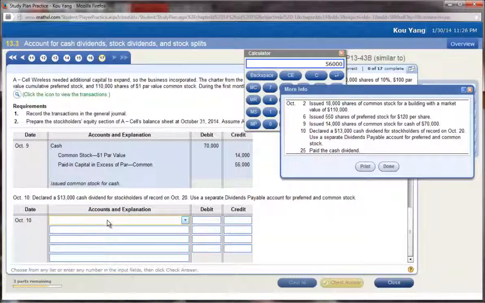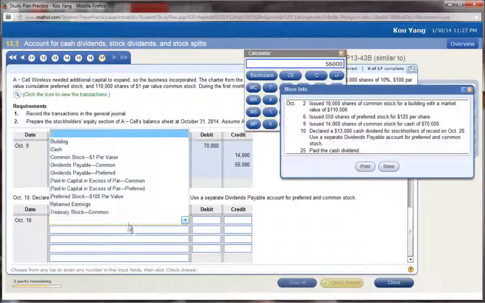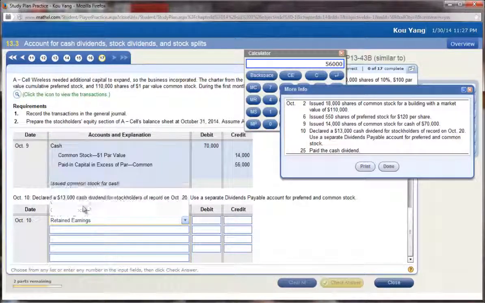So remember that when they declare dividends, we have to create that dividend payable account and reduce retained earnings. In a way, we're putting that money aside from retained earnings to pay this dividend. So retained earnings has a regular credit balance. So to reduce it or take away from it, we are going to debit retained earnings. And it's for 13,000. So that's what I'm going to put in here.